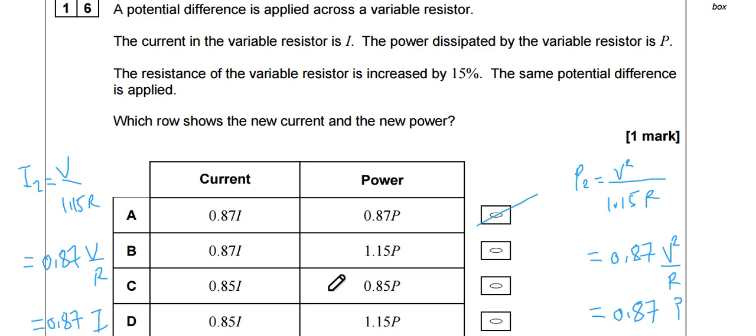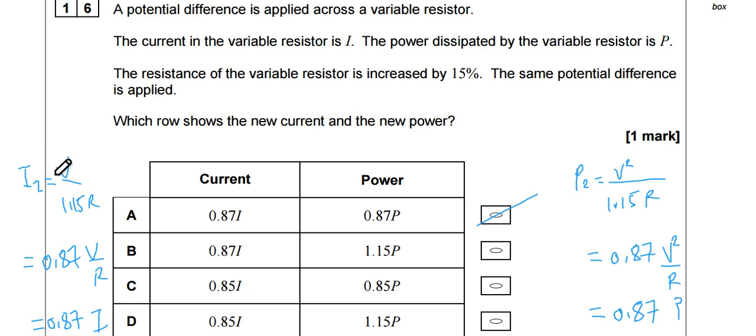So we have current equal to potential over total resistance, and, sorry, not the total resistance, I mean the current in the second case where the resistance increased by 15%, it becomes 1.15 R, and we have the same potential.